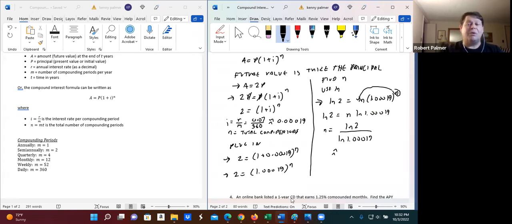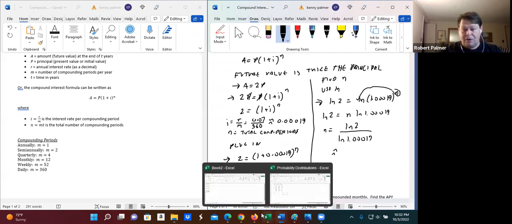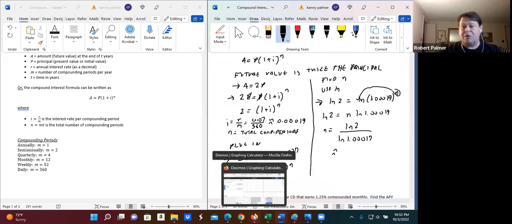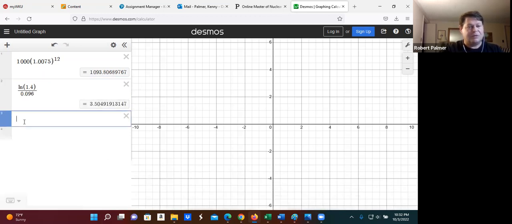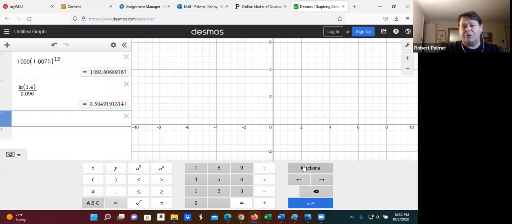And remember, this gives us the total number of compounding periods. So natural log of 2 divided by the natural log of 1.00019. Let's go back into our functions.